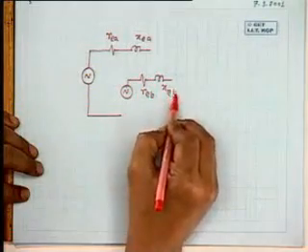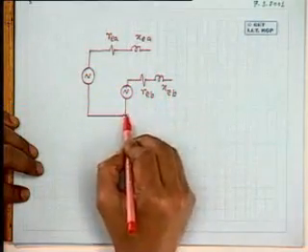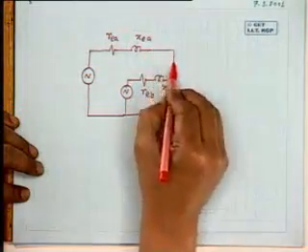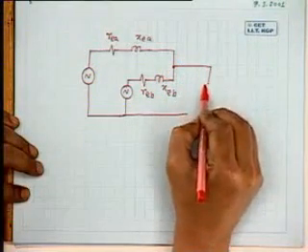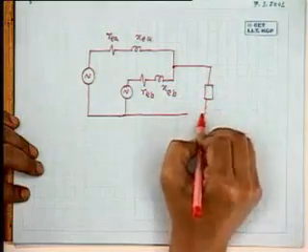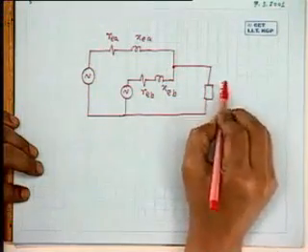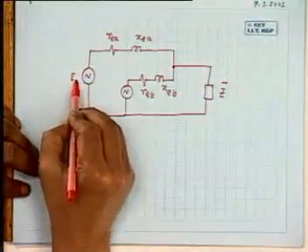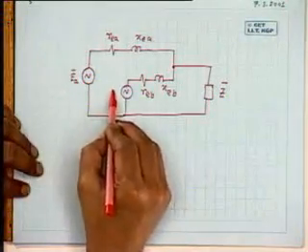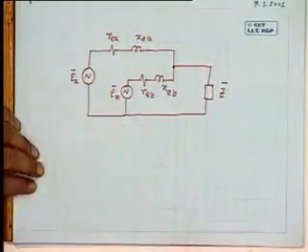REB, XEB. These two are joined. These two are joined. And here is connected the load. This is how it will look like, and this is EA bar. This is EB bar.